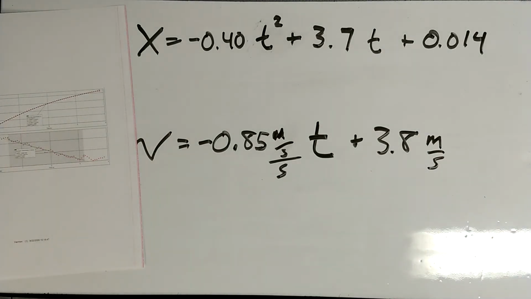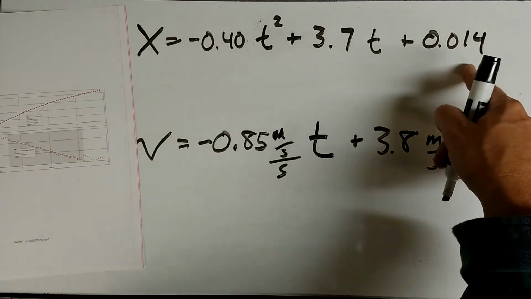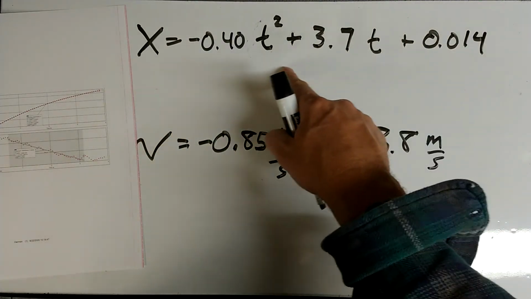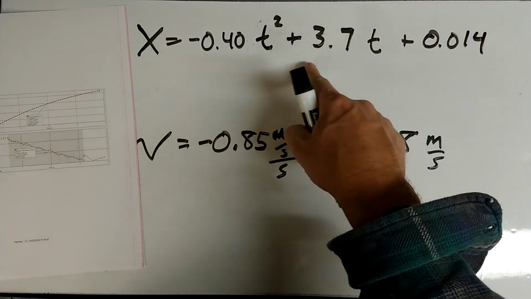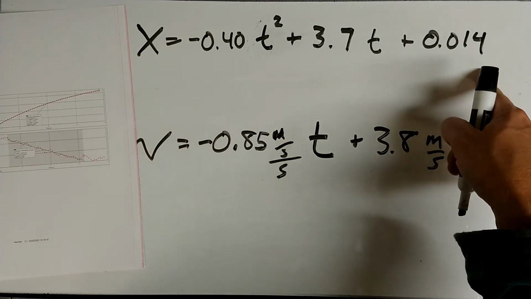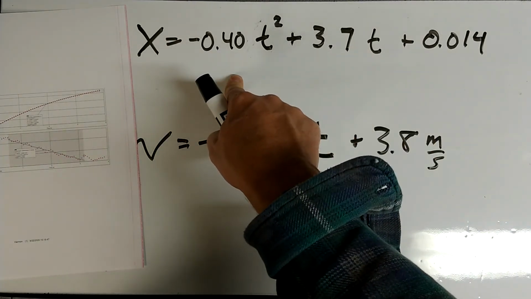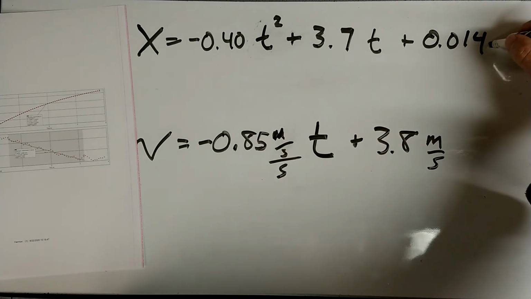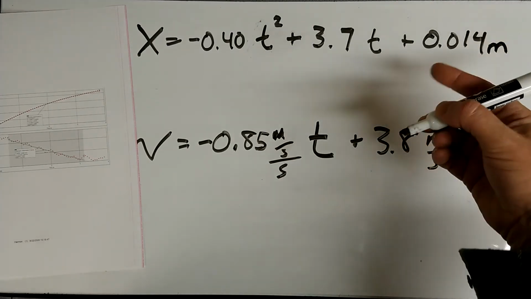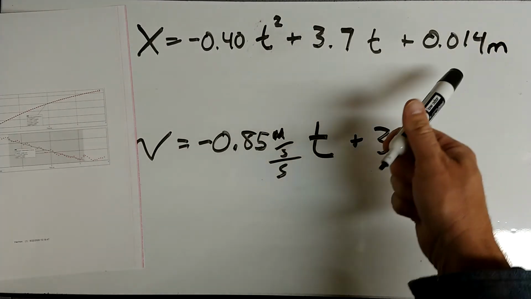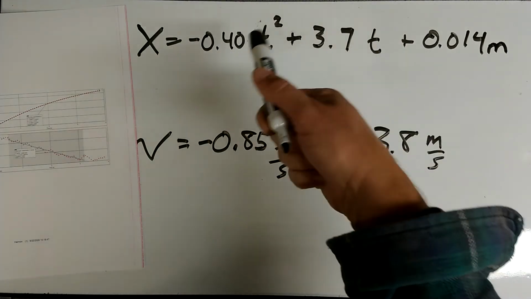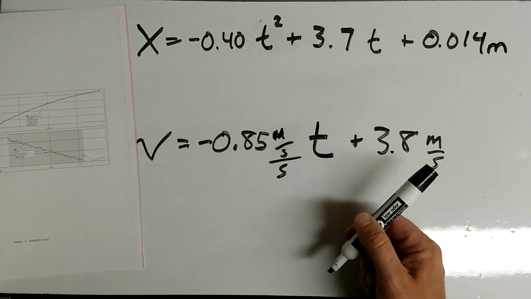All right, let's figure out what these units should be on this. Well, all of these terms, we have three terms, right? This term, and this term. All three of these terms have to end up with units of meters. So that one's simple. It's just 0.014 meters. That's our initial position, as we saw a little earlier in this video.